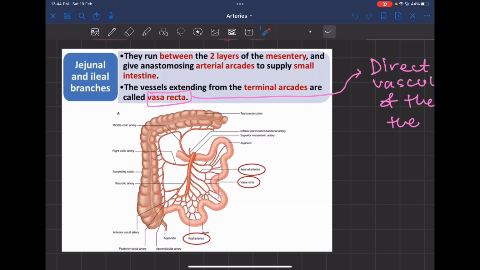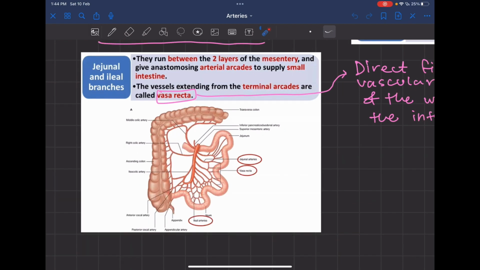But let's first talk more about the middle colic. The middle colic is basically going to give off some right and left branches, and the right colic is going to give ascending and descending branches. And as you can see here, the ascending branches of the right colic are anastomosing with the right branches of the middle colic.